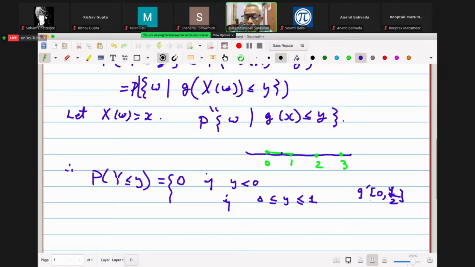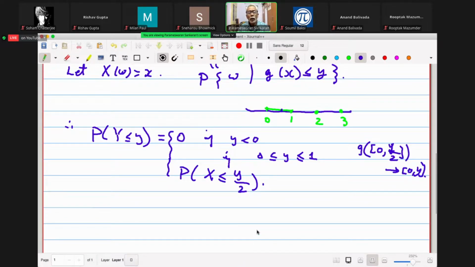G of this is what is getting mapped to 0 to y, okay, and below that of course is 0. So this is probability that I can rewrite, probability that X is less than or equal to y by 2, and so that's equal to y by 2 because I have uniform distribution.